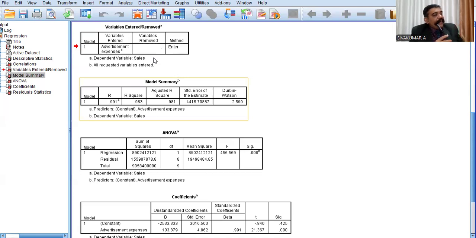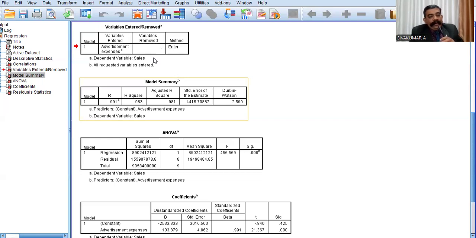If there is any change in advertising expenditure, there will certainly be a change in sales. That is the interpretation. Researchers may infer that advertising expenditure explains about 98% of the variation in sales.